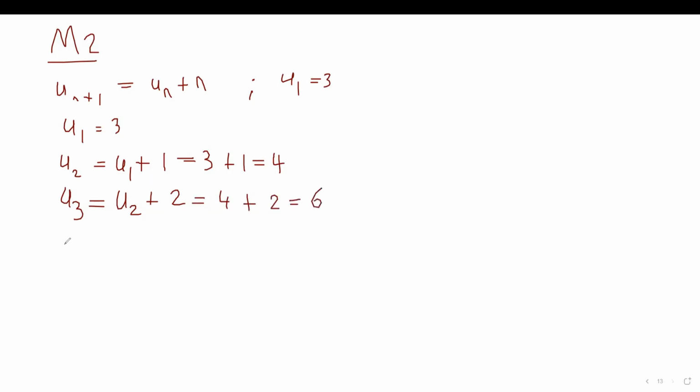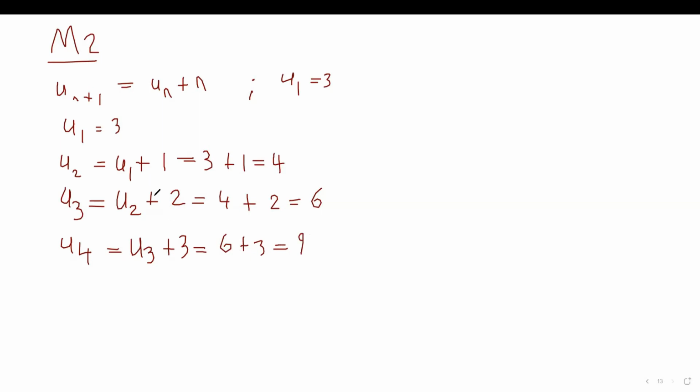Then now we need u4, and u4 is going to be equal to, what's u4? u4 would be u3 plus 3. Very good, Marika. So it's just 6 plus 3, and 6 plus 3 is 9. Nice.